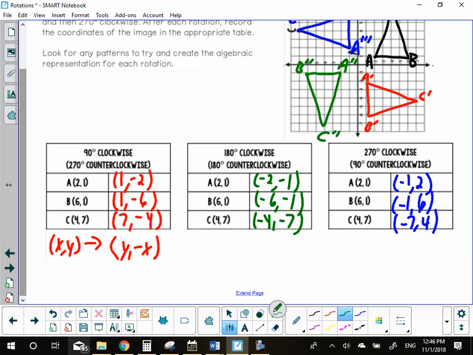Okay, how about the 180-degree rotation? What's happening? They both turn negative. You have your negative x, negative y.